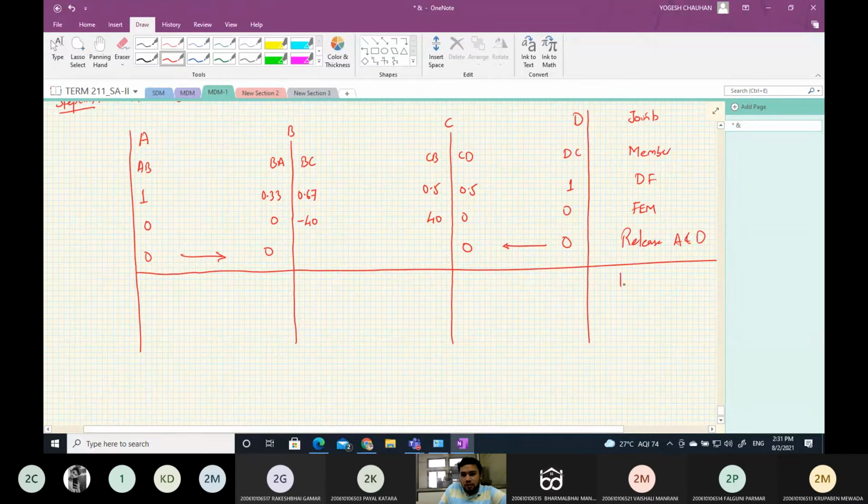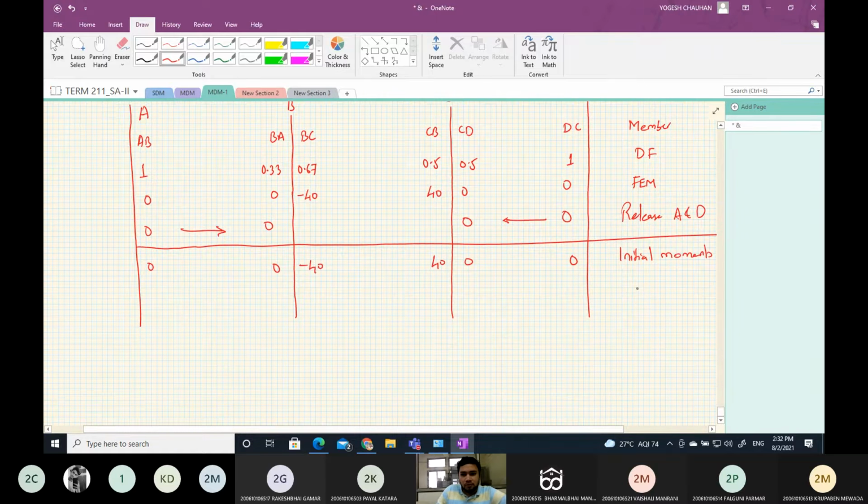So these are your initial moments. This will be 0, 0, 40. So initial moments are same as the fixed end moments, because support A and D, they don't have any fixed end moments.